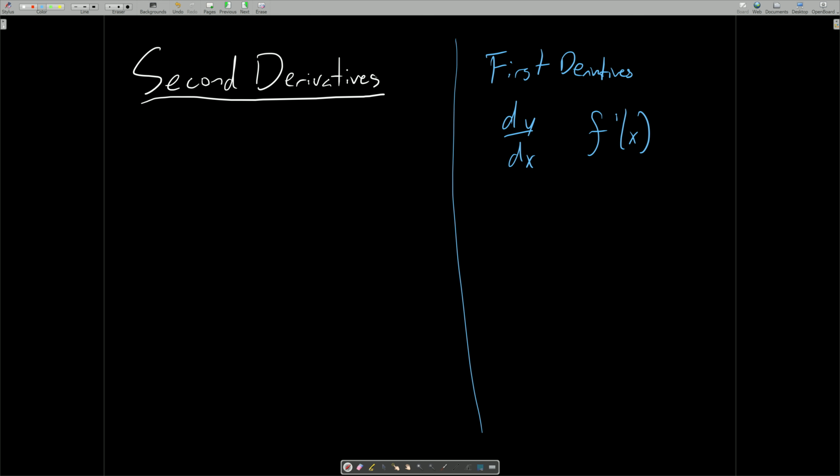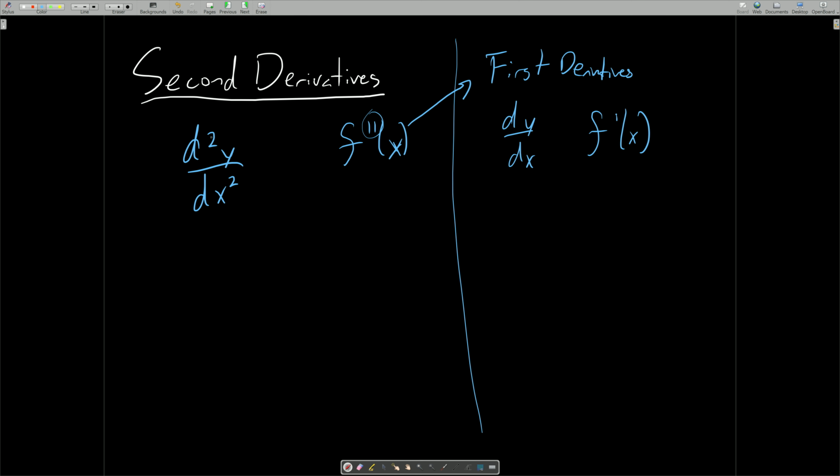The second derivative is the derivative of the first derivative. And there are many ways to write this. I find as f double prime of x, where you have 2 ticks, d squared y over dx squared.